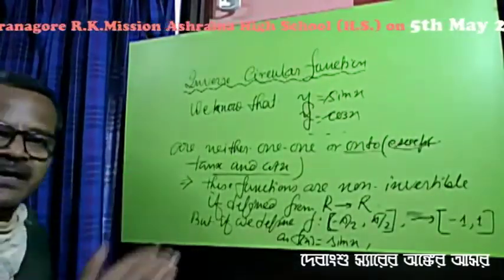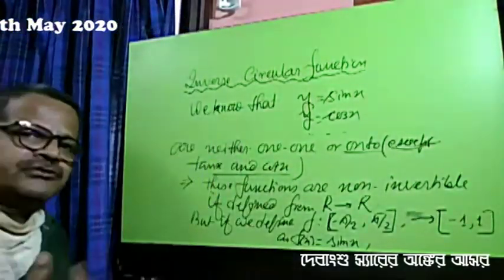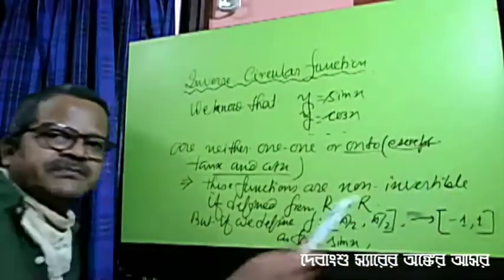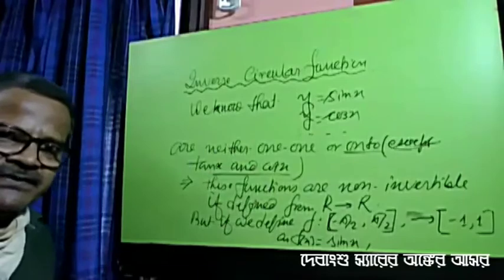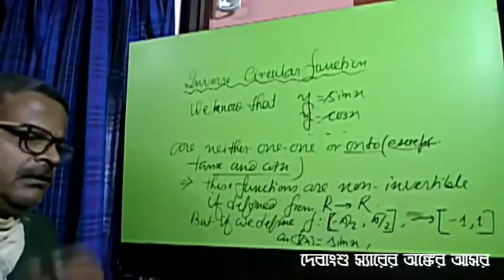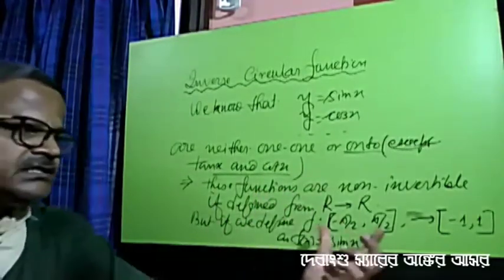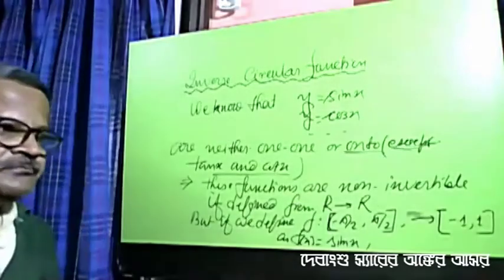That's why the inverse circular function is not defined from R to R. It is defined from some specific interval to some specific interval. These intervals are called principal value range.